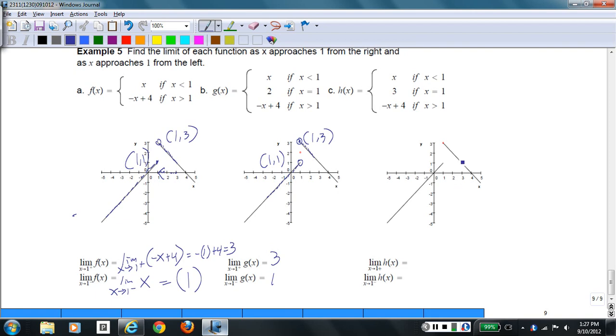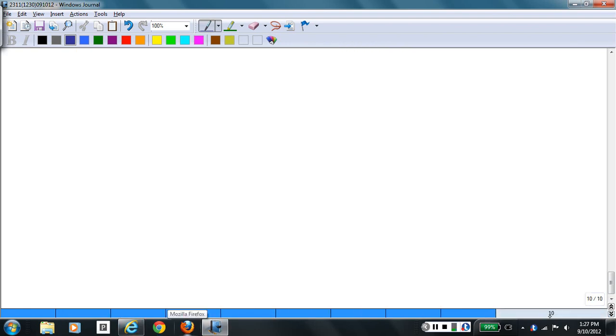Same thing here: approaching (1, 3) from the right, the limit is 3, and approaching (1, 1) from the left, the limit is 1. The function happens to be defined to be 3 there, but the limit is unaffected by that. So 3, 1, 3, 1, 3, 1. And in all three cases, even though it did not ask, the two-sided limit fails to exist.